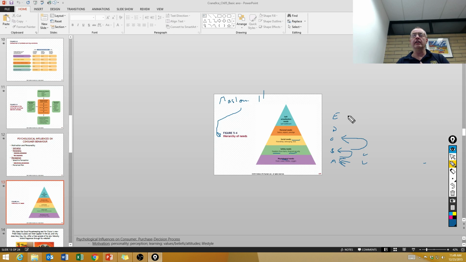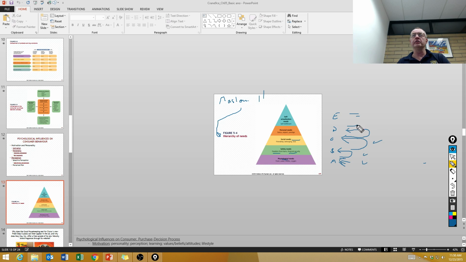And if we want to satisfy higher level needs, we have to satisfy the three lower level needs first, and then we can move on to satisfying our personal needs. Sometimes it's called the ego or esteem needs. And then finally, our highest level needs are called self-actualization needs. So it's our need for learning and growth and development.